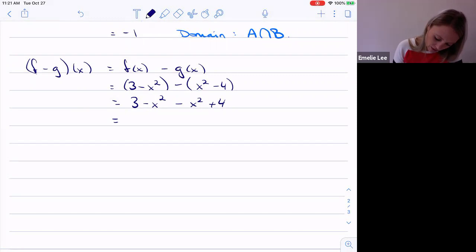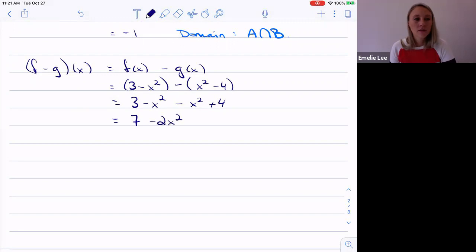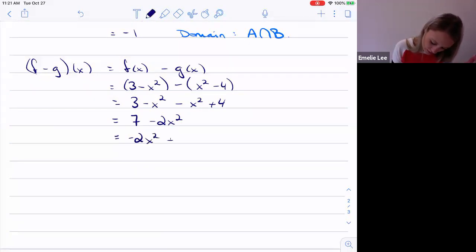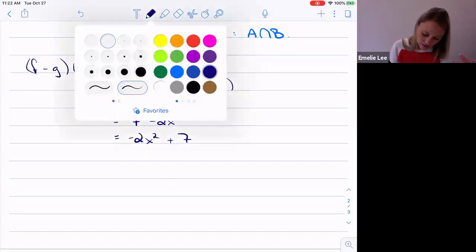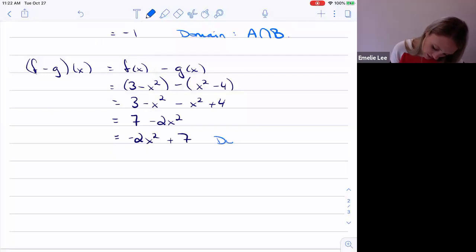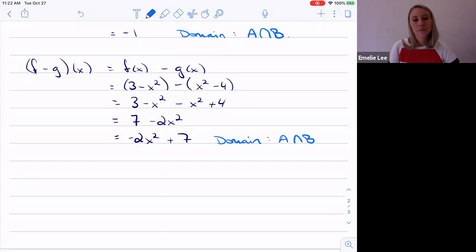So 3 plus 4 makes 7 minus 2x squared. Often I like to write the highest power of x first and then decreasing powers of x. So this becomes -2x squared plus 7. So now I've got an x in here, so that's nice. It's not necessary, but it's pretty common that you end up with an x in there. The domain, again, is A and B, just by definition.